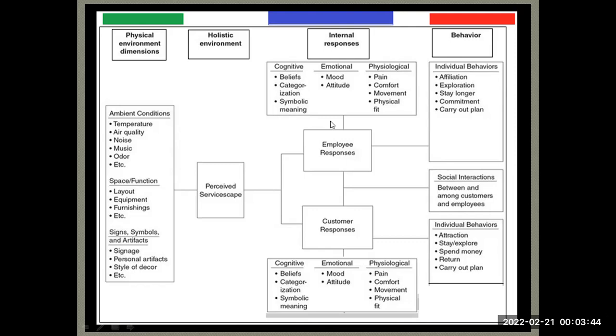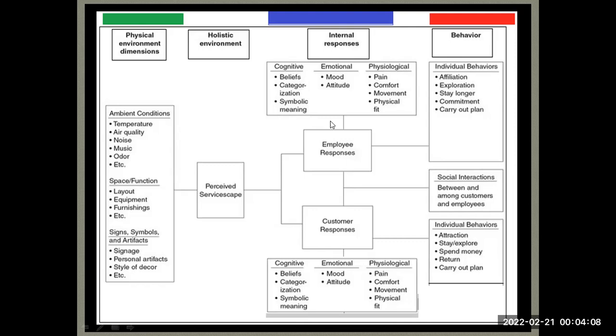Again, there are many symbolic meanings which customers associate. Customers start associating meaning with the signs and symbols we use. After some time the customer will develop some emotion, mood, and attitude towards this organization.